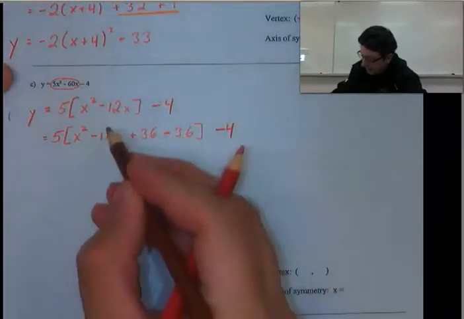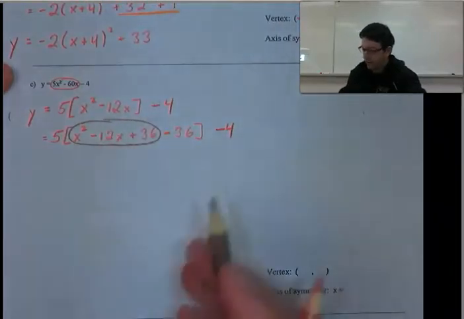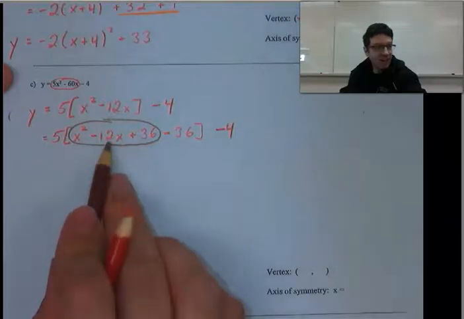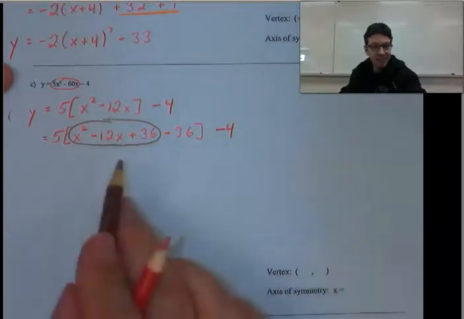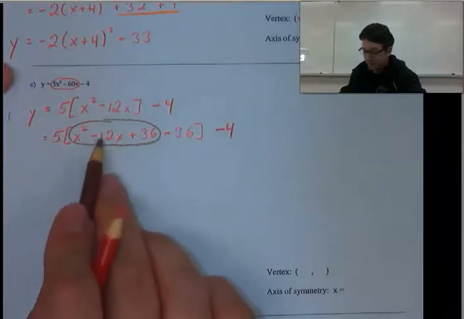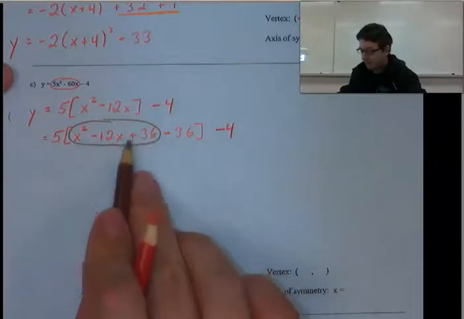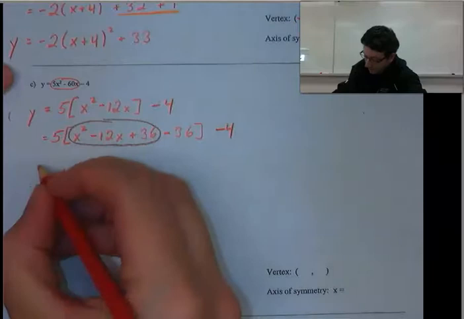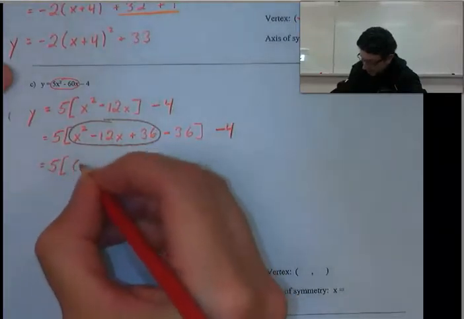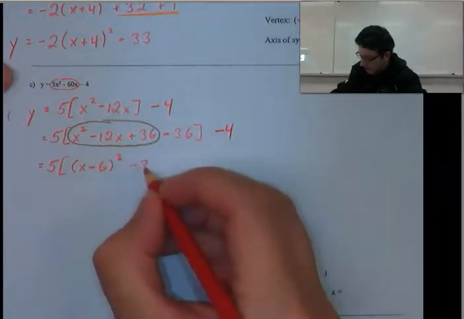Then looking at this trinomial, we can say, okay, what two numbers multiply to give you 36 and add to give you -12? In this case, it is a negative number, but that's okay. So negative 6 plus negative 6 is minus 12, and negative 6 times negative 6 is a double negative. It gives us plus 36. So we can write that as x minus 6 squared, and then we still have this minus 36.